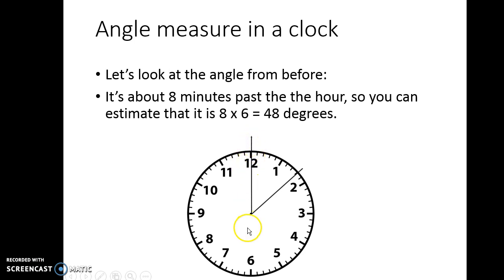So if these were, let's say, both minute hands, so maybe the minutes change from here to here, how long would that have taken? You can count it up. It's a block of 5 minutes and then 3 more. 8 minutes passed from when the minute hand was here to here. We know that each minute represents 6 degrees. So this angle then is about 48 degrees: 8 minutes times 6 degrees per minute.